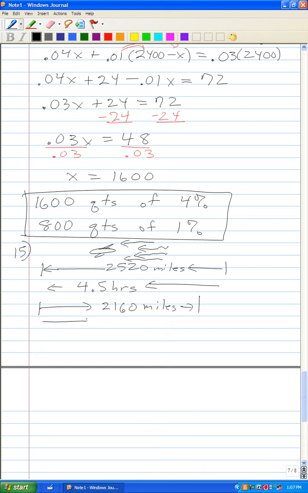And it takes you, well, the same amount of time. Distance is equal to rate times time.